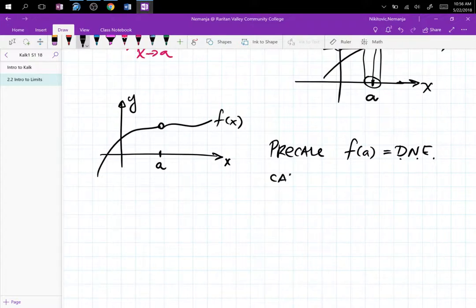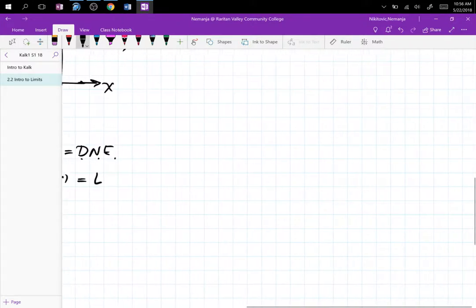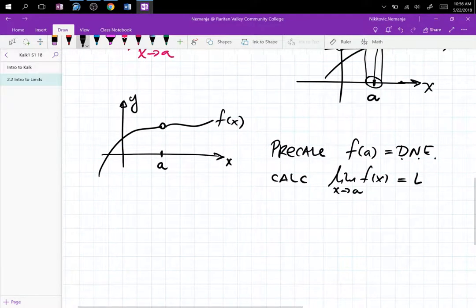So in calculus, the limit of f of x as x goes to A is equal to whatever the limit is. In this case, it will be some L over here. Why? Because limit never computes at the value. So no one cares that the value is not defined.